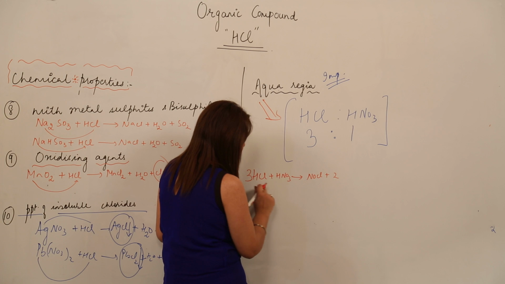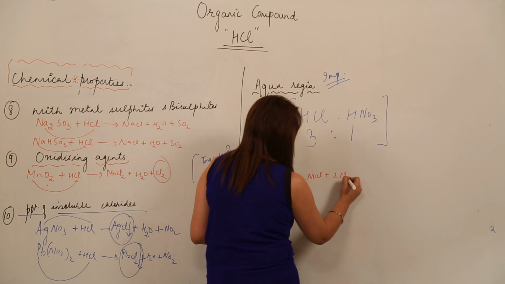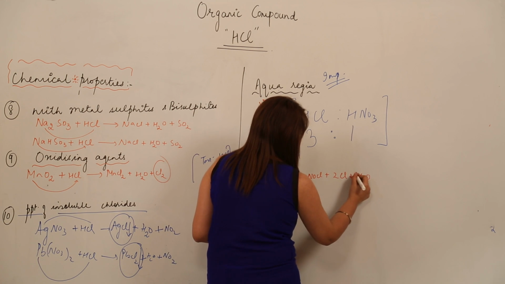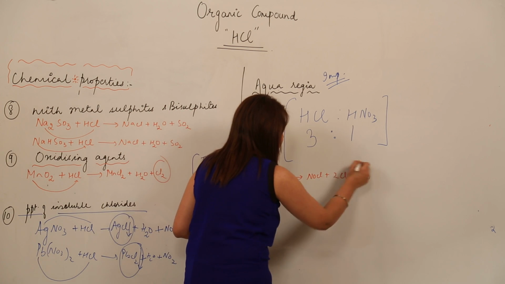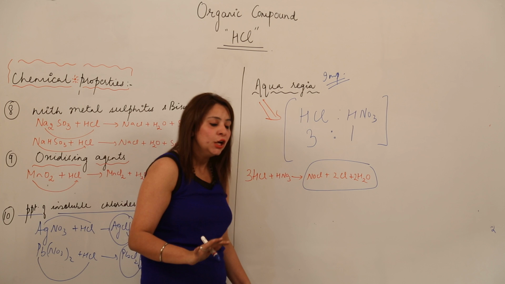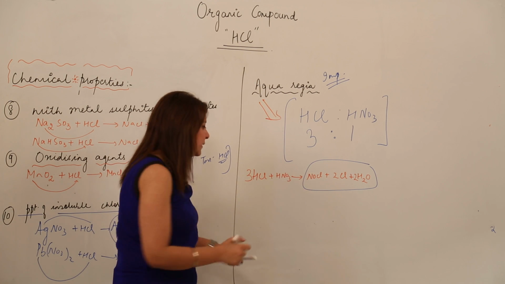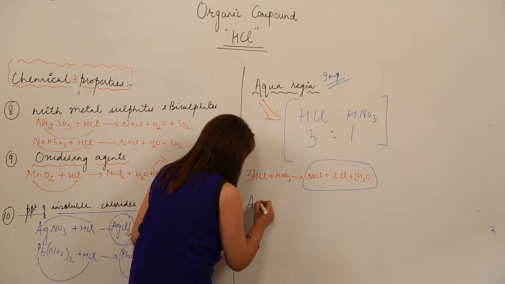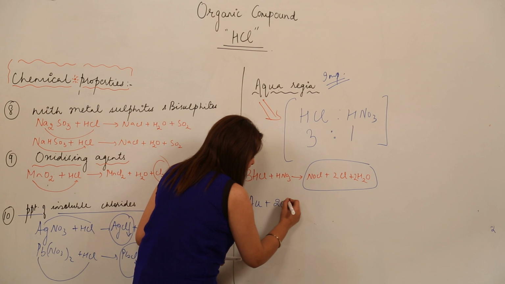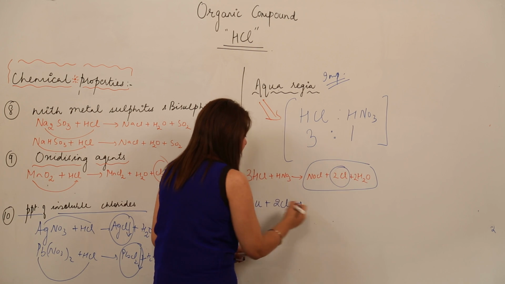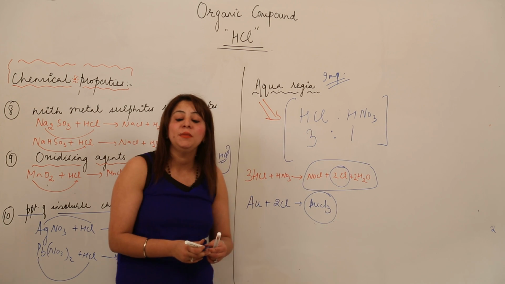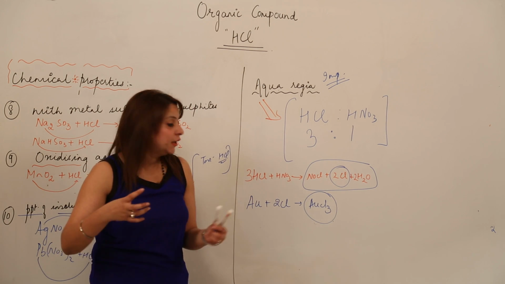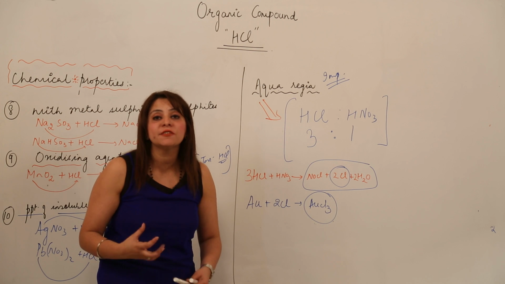It is 3 in volume, so I am writing 3 HCl. So the aqua regia contains this. When we react it with noble metals, let us take the noble metal gold, the chlorine reacts with it and leads to the formation of a compound. So it is capable of dissolving the least reactive metals also.